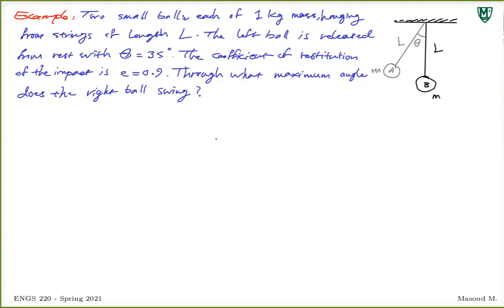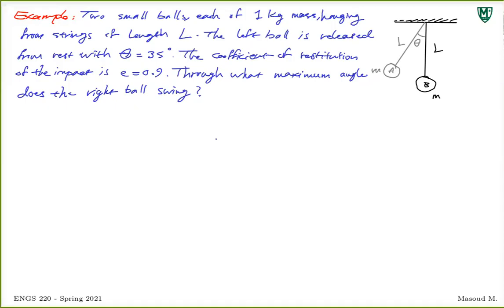All right, so here is the situation. We have to use energy method before the impact. We release it, gets all the way to find the velocity just before the impact. Then knowing the velocity just before the impact and knowing the coefficient of restitution, we can find the velocity of both balls just after the impact.